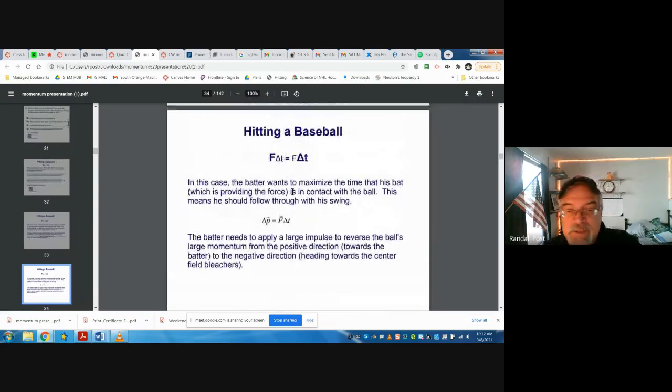All right, so the batter wants to maximize the time that the bat is in contact with the ball. When they apply a large impulse, they're going to reverse the ball's large momentum from the pitch. Right? So the pitch is coming in, it has to be reversed.